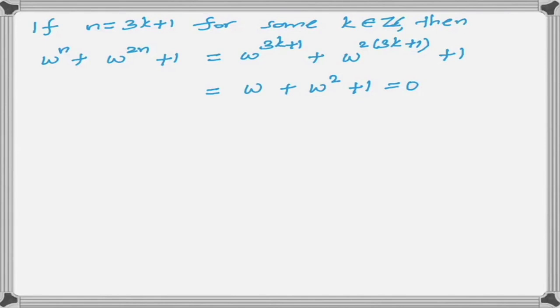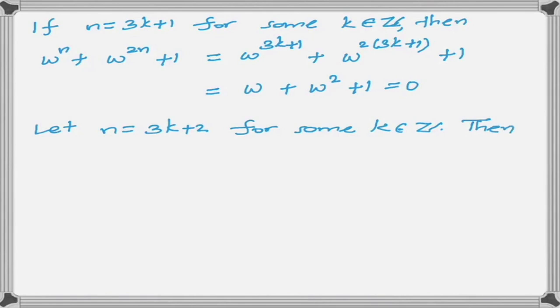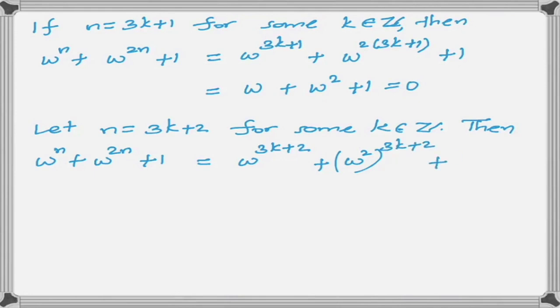Let us see what happens if n is of the form 3k plus 2 for some integer k. Then omega to the power n plus omega to the power 2n plus 1 is equal to omega to the power 3k plus 2 plus omega square to the power 3k plus 2 plus 1.